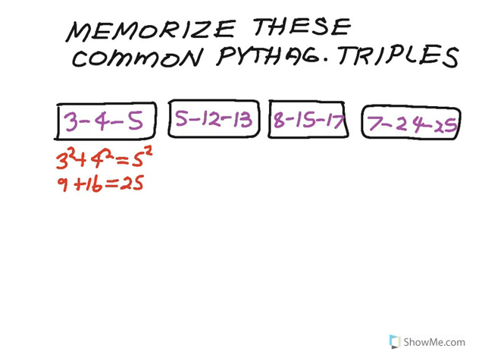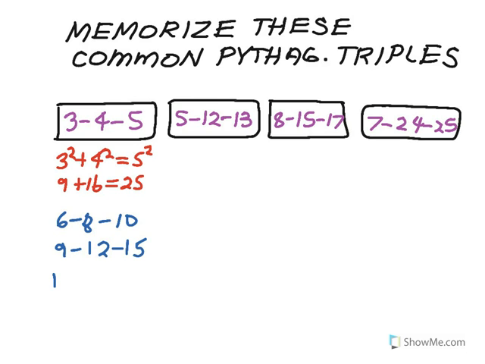So all of the multiples of 3, 4, 5 are also right triangles. So if I take the 3, the 4, and the 5 and multiply each of those by 2, I get a 6, 8, 10. That's a Pythagorean triple. That's a right triangle. And if I take each of the original 3, 4, 5 and multiply them each by 3, I get a 9, 12, 15, and so on.